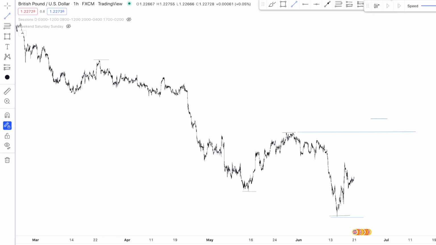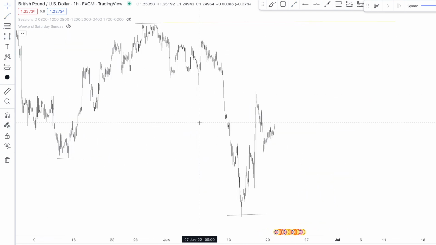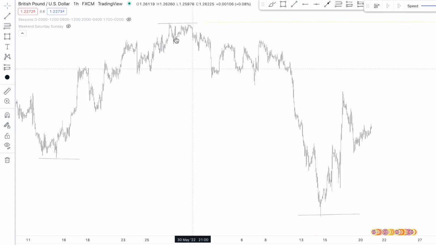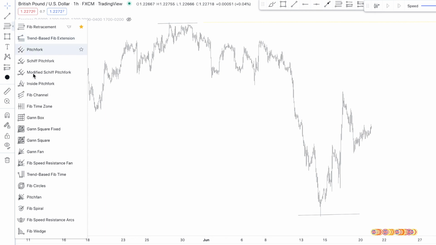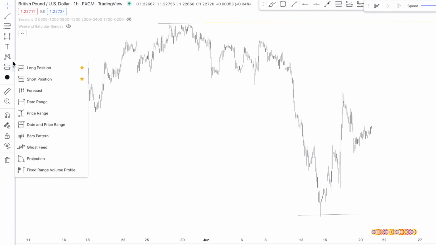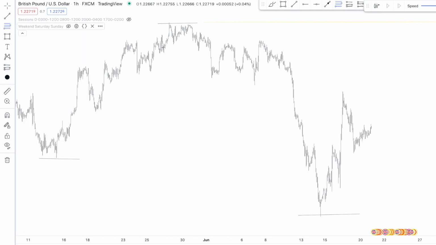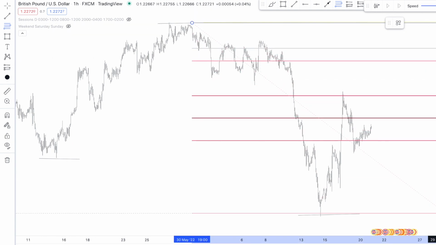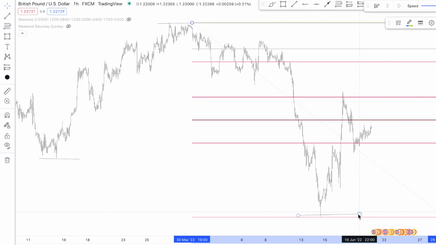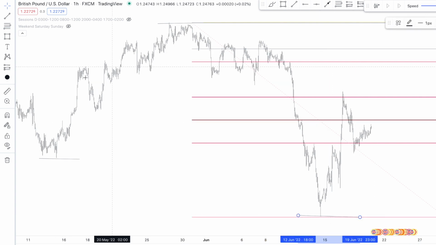So if I'm looking for POIs on the 1 hour, I'm going to be looking between this range, between here and here. So this last down structure, that's where I'm going to measure 50%. I'm going to trade anything 50% or above. So this is 50% or above.